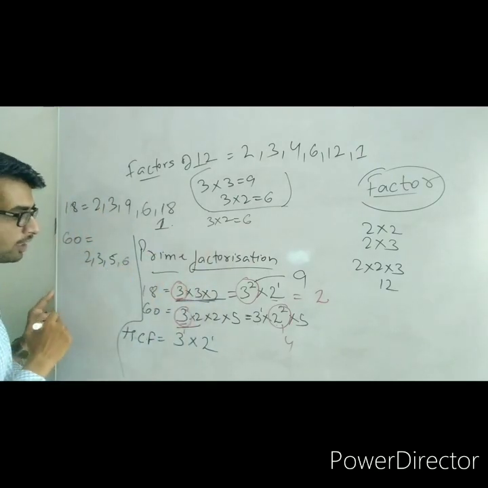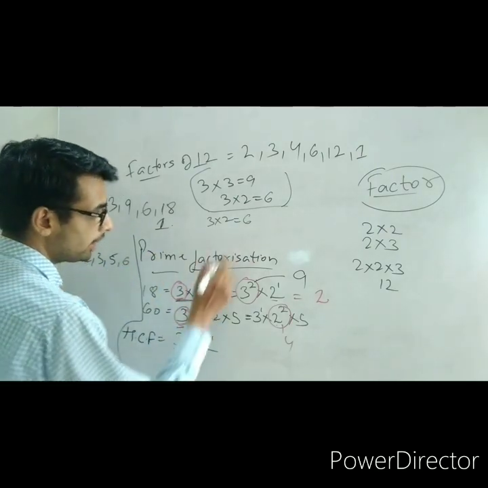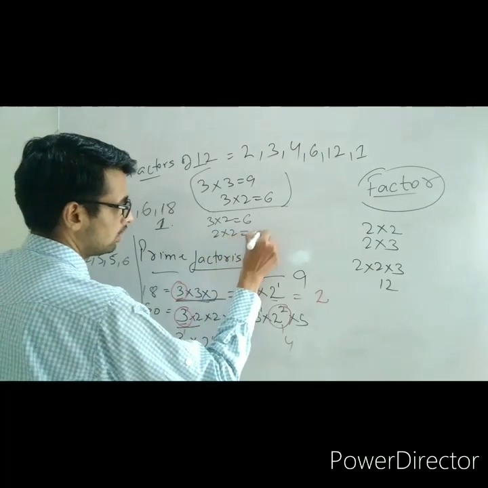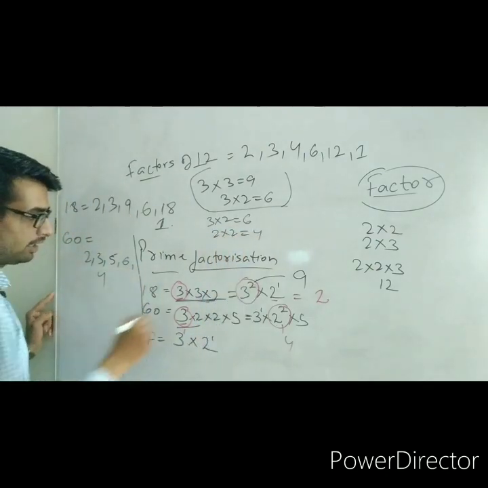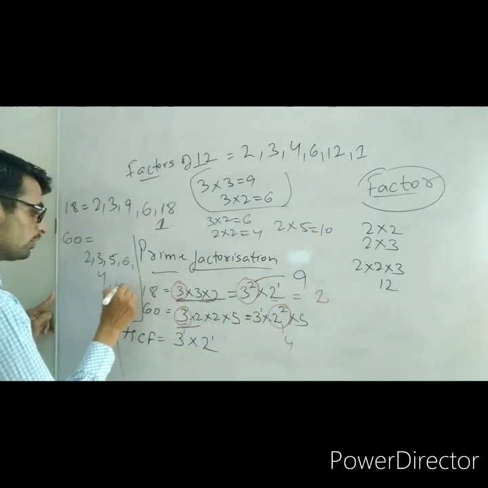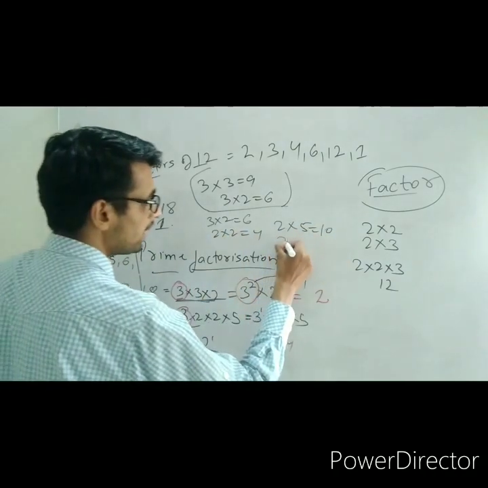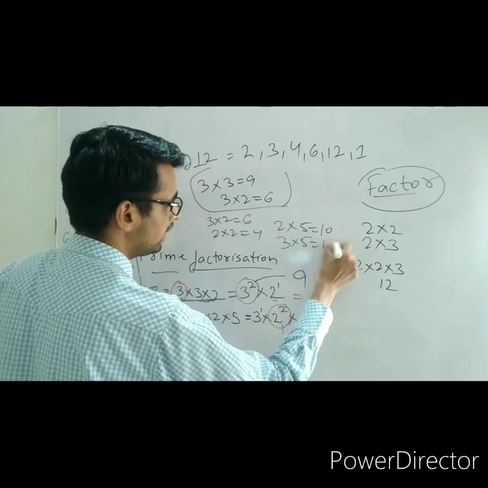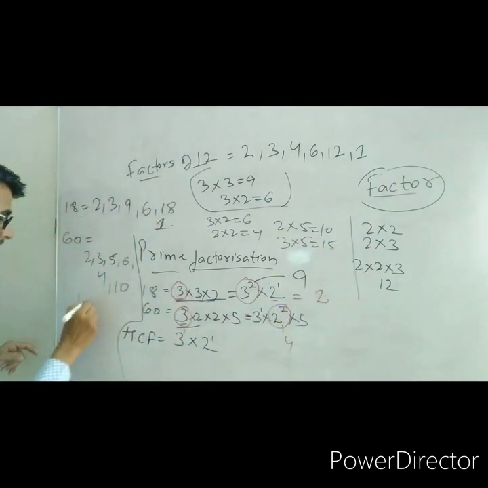So 6 is a factor of 60. 2 multiply 2, which is 4. 4 is a factor of 60. 2 multiply 5, which is 10. So 10 is a factor of 60. 3 multiply 5, which is 15. So 15 is a factor of 60.